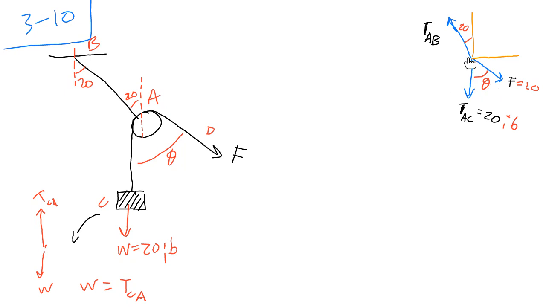And then I was saying, yeah, we can do the sum of the forces now. So sum of the forces in X is going to be, well, actually, it's going to be 20 sine theta minus TAB sine 20 equals 0, right?